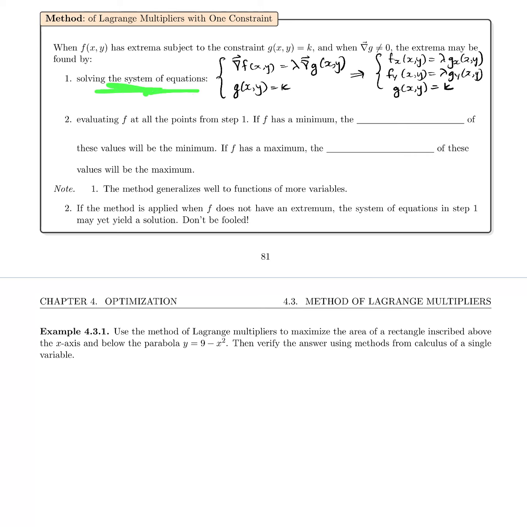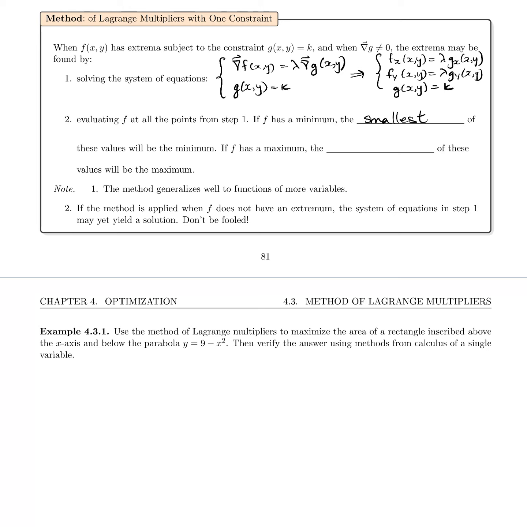The solutions out of this system of equations will give us points where we can evaluate f. If we evaluate f at all points from step 1, remember that this is assuming that f has extrema. If f has a minimum, then the smallest function value from step 1 will be the minimum.